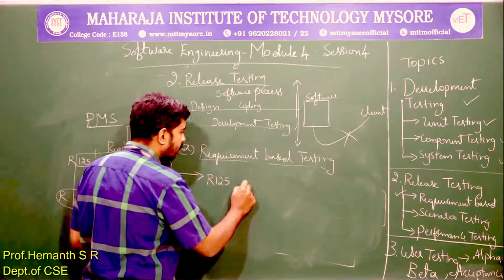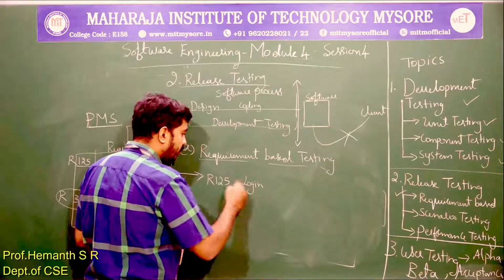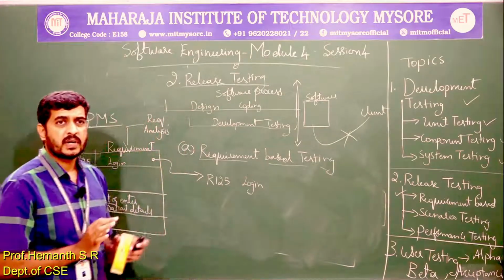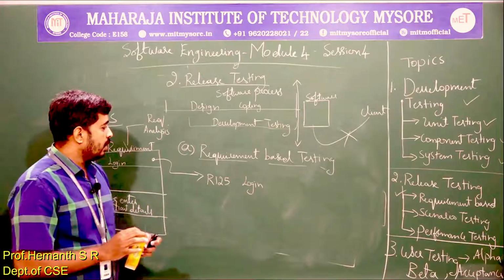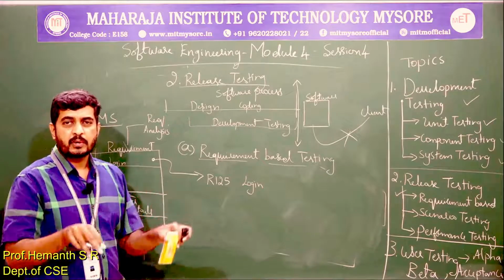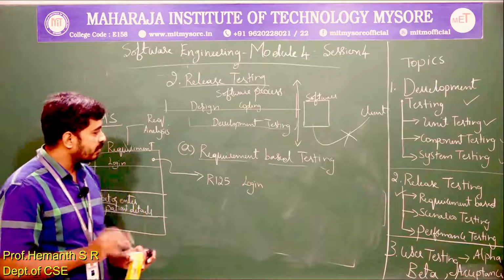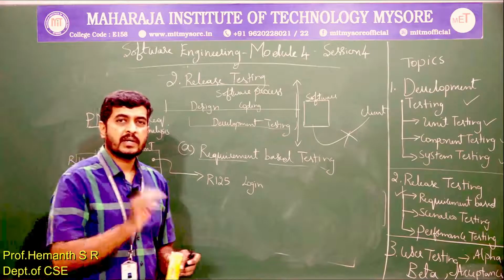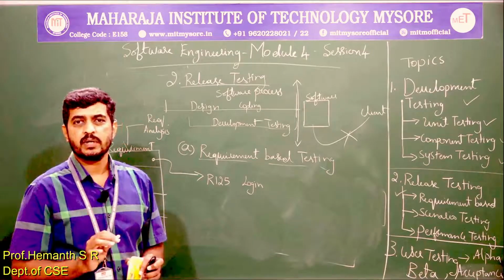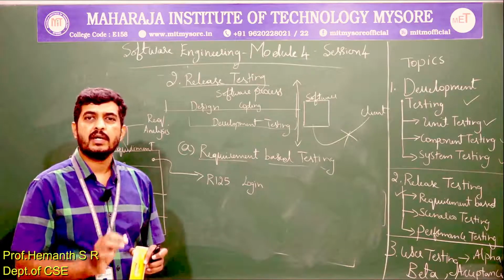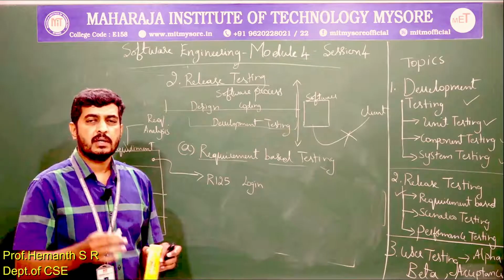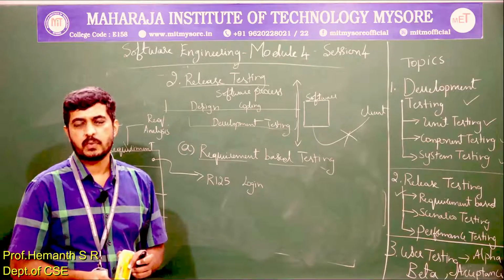The login. Now test this requirement. What is expected in a login? First, a web page should appear to the patient. On the web page, the patient will enter his credentials like user ID and password. Once he has entered it, he will submit it and he should be given the appropriate response.